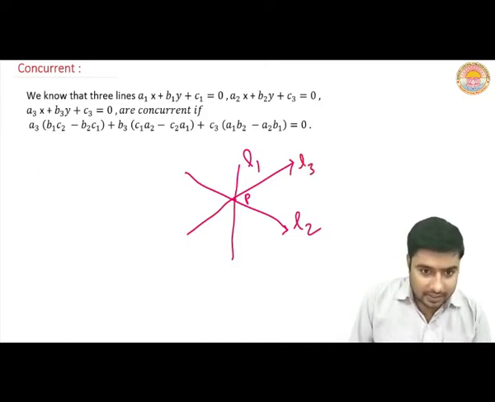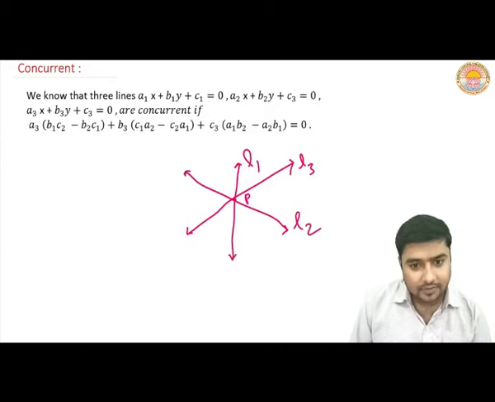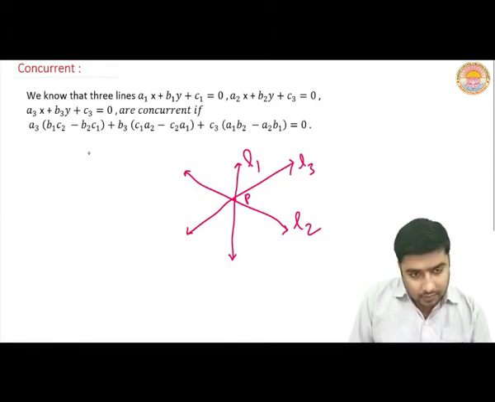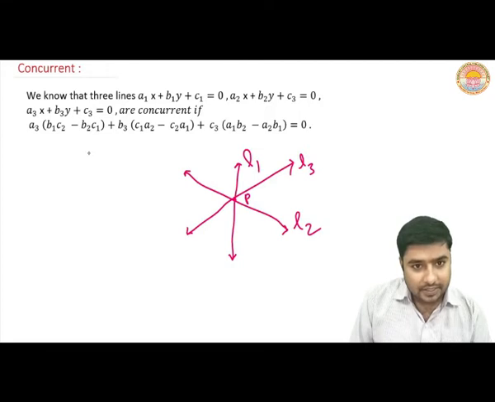But this year this topic is deleted, but in competitive exams it's very important for maths, so we will discuss this topic also. Suppose three lines are: the first line is a1x plus b1y plus c1 equals 0, another is a2x plus b2y plus c2 equals 0, and the next is a3x plus b3y plus c3 equals 0.